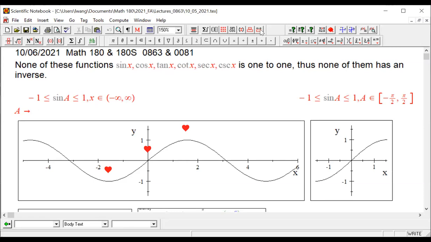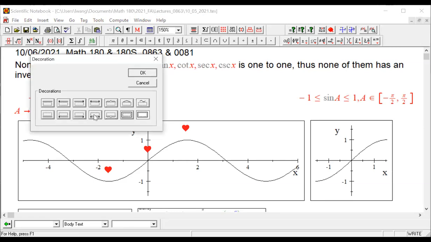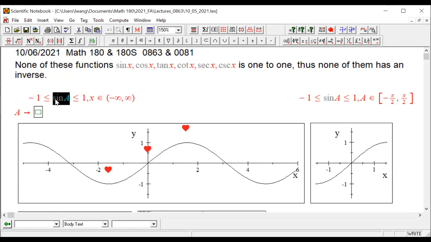The angle is the input for sine, and then it produces an output. The output, of course, is sine of A, as defined in the definition. So the angle is the input. The output is a kind of ratio.